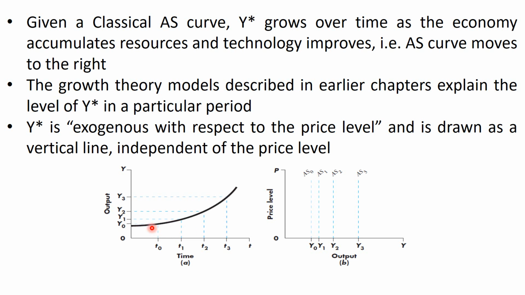So when output is Y0 in time 0, then in the next time period, the access to resources grew and maybe technology grew, so potential output grew from Y0 to Y1. Here, we show that increase over time in output from Y0 to Y1, and so on. And what you should see is that as potential output grows in the long run, overall output can increase over time.